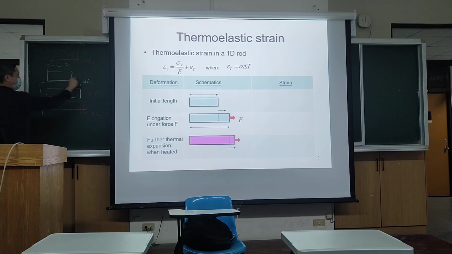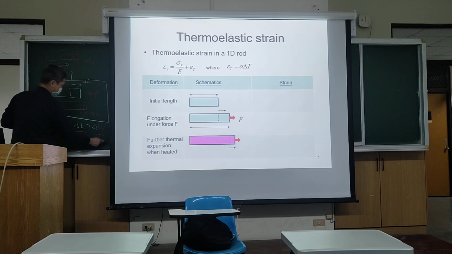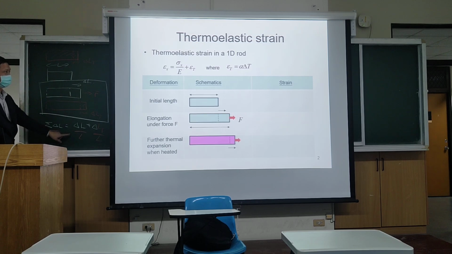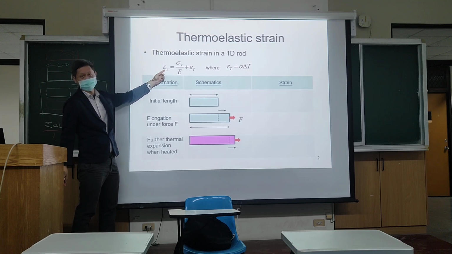So if now you add them up together, then your total elongation would then be equal to the one caused by the pulling force, and then the one caused by the thermal expansion. If you now divide them with the initial length, okay, then you will have the strain. This epsilon x is the total strain.